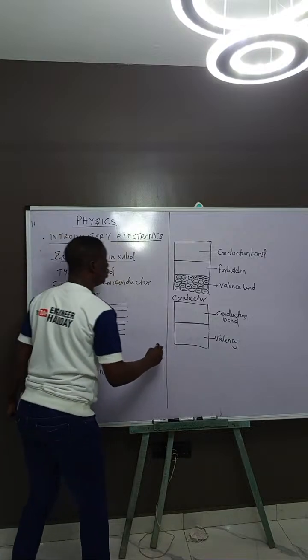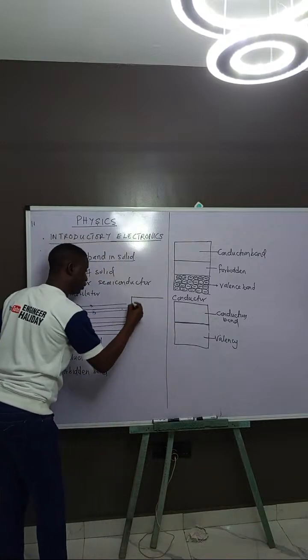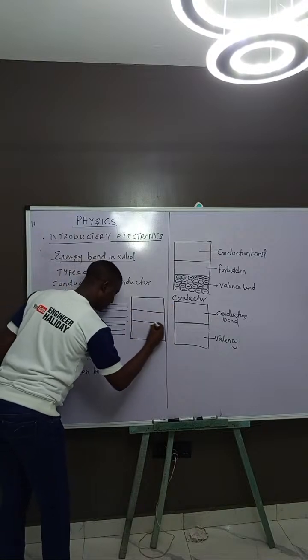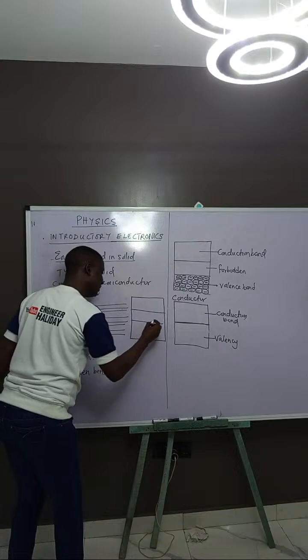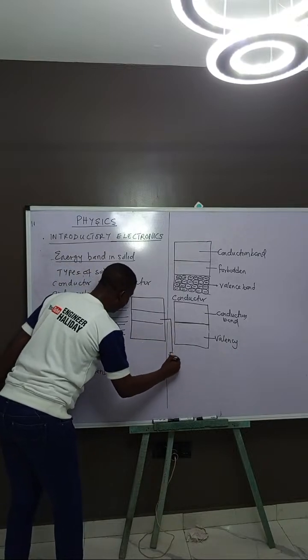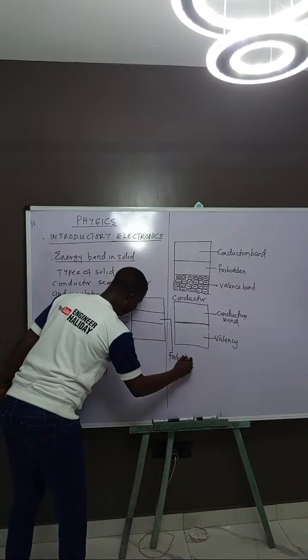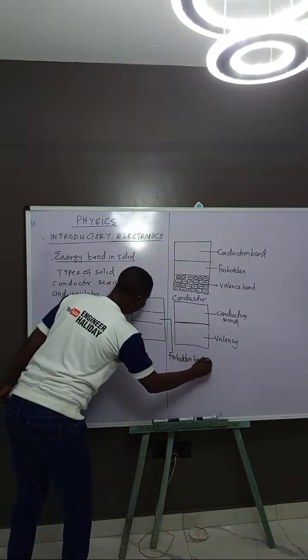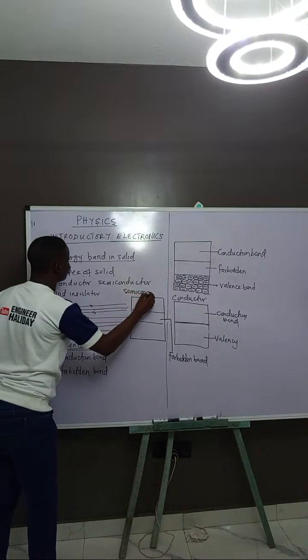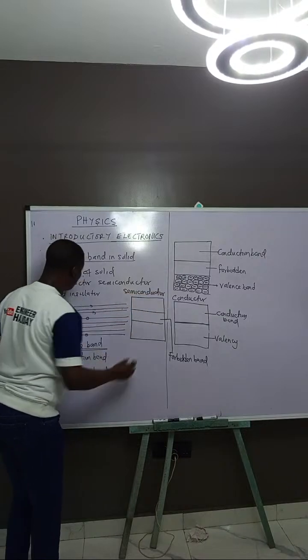Now a semiconductor. If I draw it here, look at the semiconductor. There is an addition of a forbidden band. So how can we differentiate a semiconductor from a conductor?